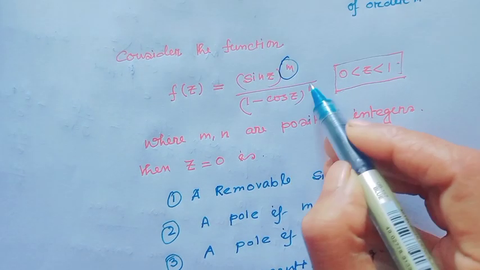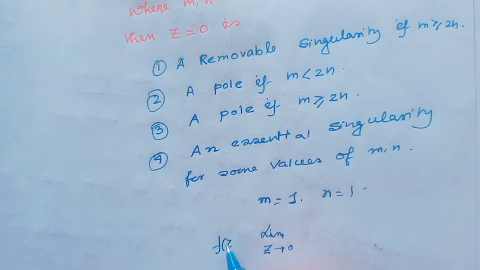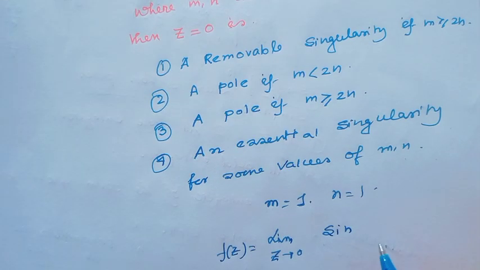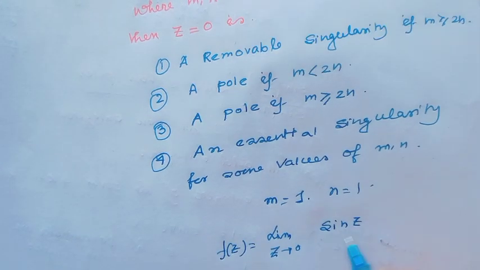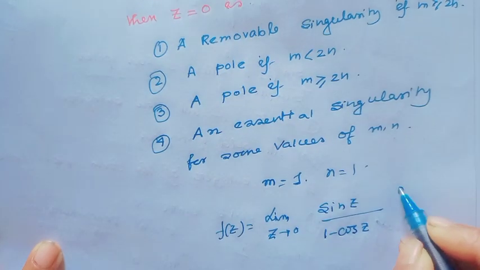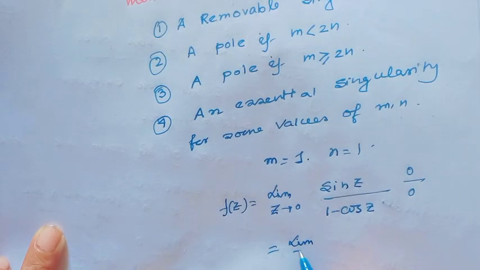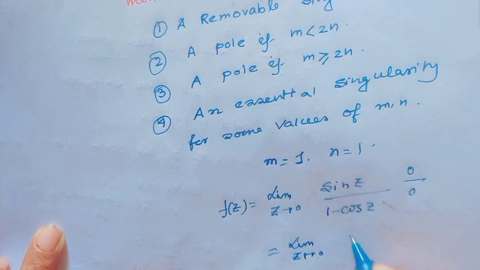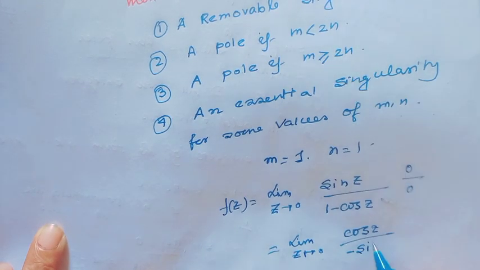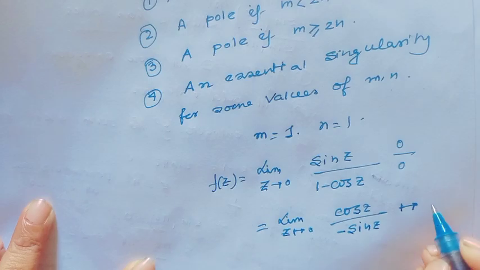Since m and n I have considered 1, then f(z) equal to limit z tends to 0 sin z over 1 minus cos z, and this value is 0 by 0 form, so by L'Hospital rule limit z tends to 0 cos z over minus sin z, and this value tends to infinity as z tends to 0.